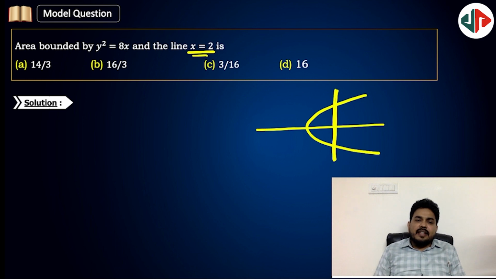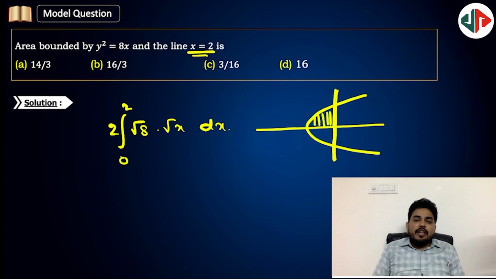So it is integral of 2 times root 8. I am taking this portion, 2 times 0 to 2 into root x dx. Happily you'll get 4 root 2 into 2 by 3 into x to the power of 3 by 2.